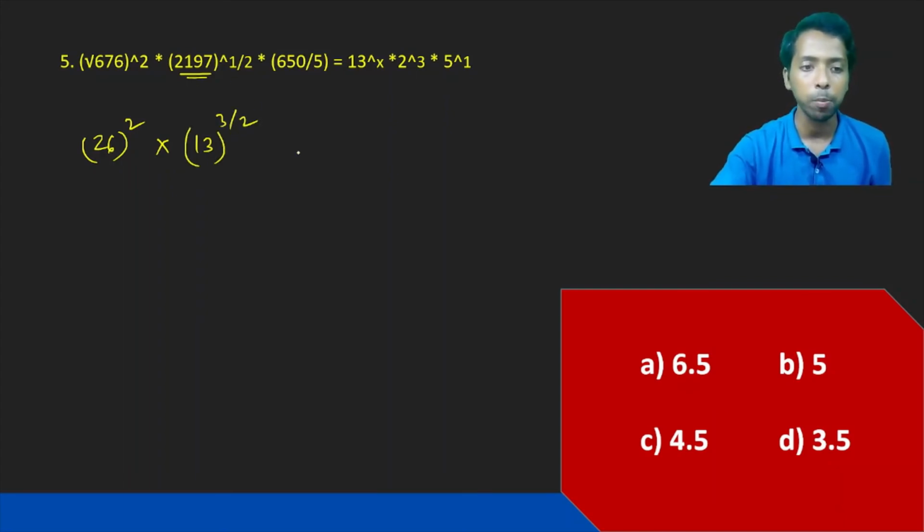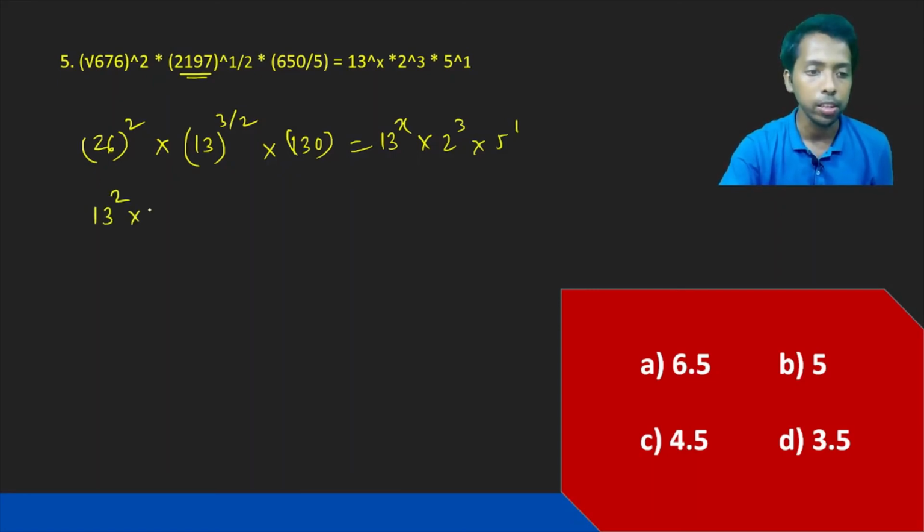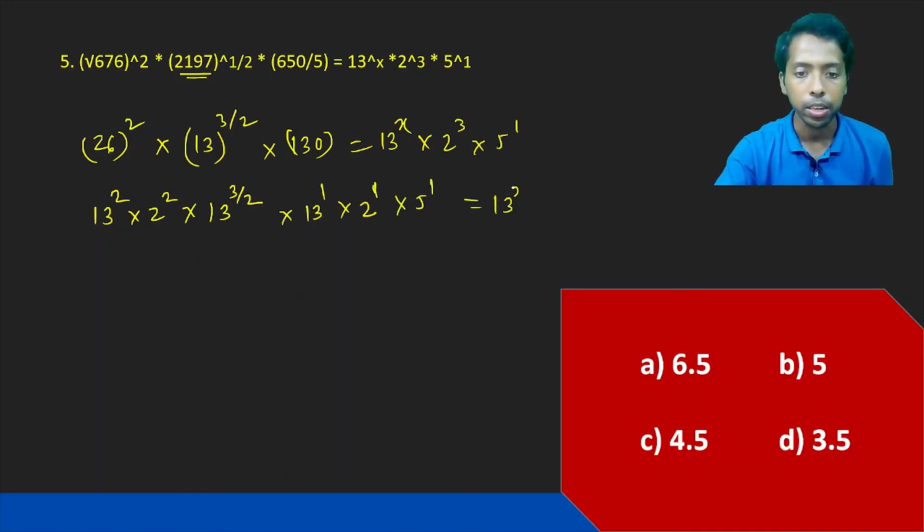So this gets multiplied here into 130 equals 13 square into 2 to the power cube into 5 to the power 1. Now just factorize this: that is 13 square into 2 square into 13 to the power 3 by 2 into 13 to the power 1, 2 to the power 1 into 5 to the power 1 equals 13 to the power x, 2 to the power cube, 5 to the power 1.